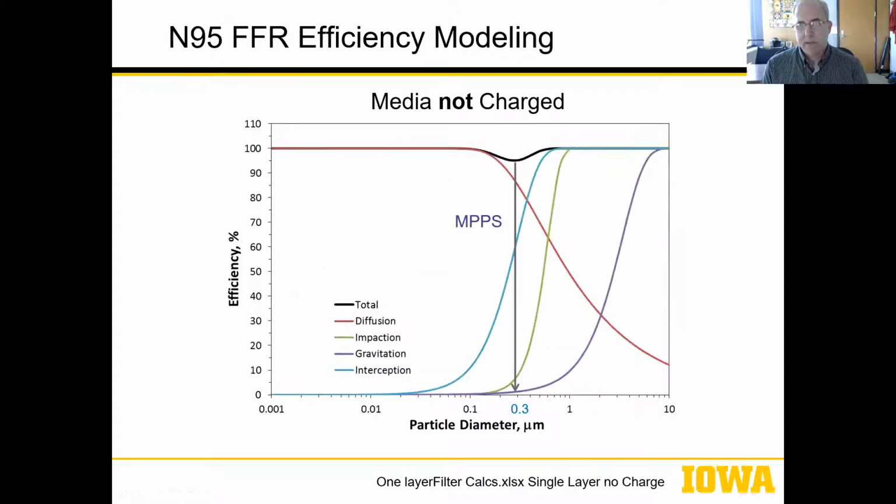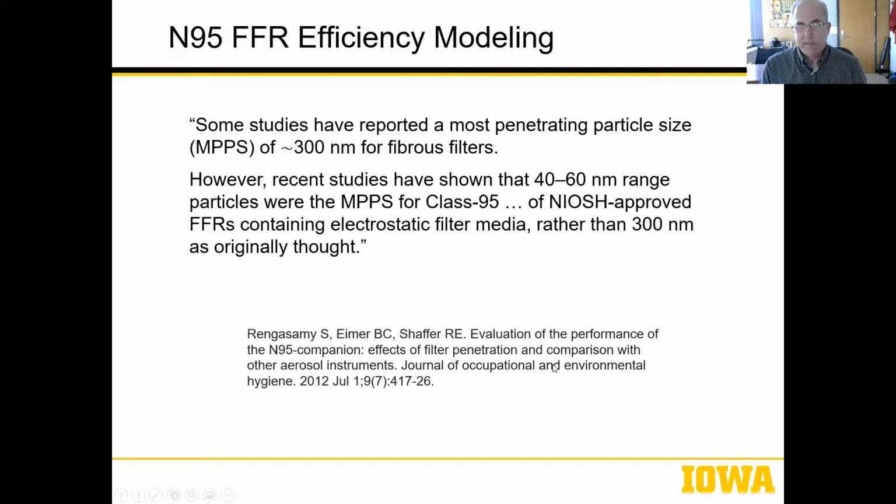So backing up now, this is what it would look like if it wasn't charged. And your MPPS shifts to about 0.3 microns. Now, many of you might go, aha, I've seen definitions of an N95 saying something about being 95% efficient at 0.3 microns. Well, as I've just shown you, that's no longer true. As a matter of fact, here's a study by Sami Ranganasamy.